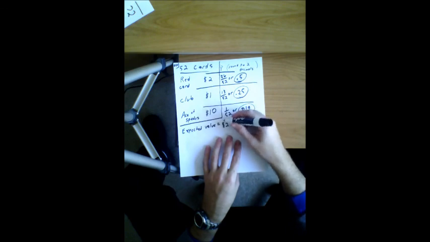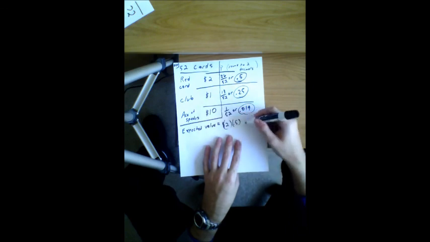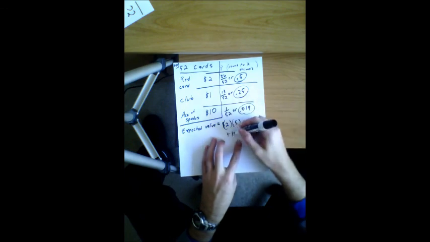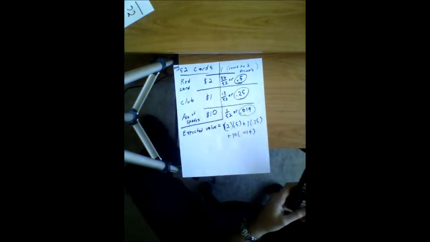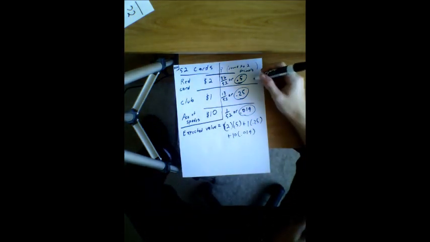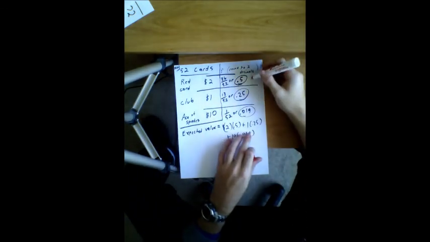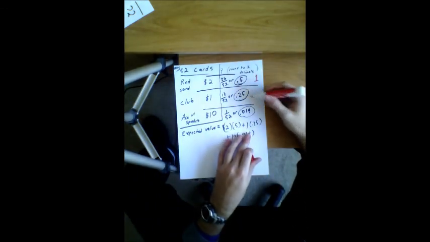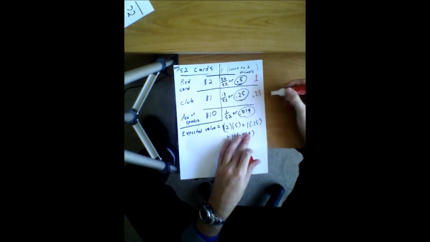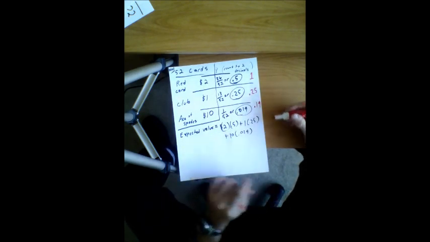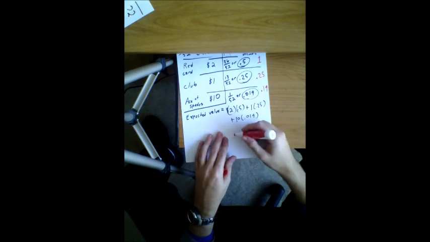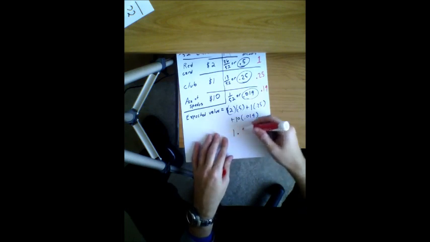So this should be 1, this should be 0.25, 1 times 0.25, and then times 10 here, we should get 0.19. If you add all these up, the expected value should be 1.44.